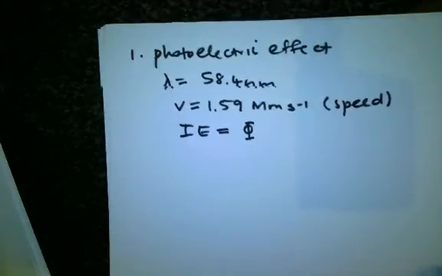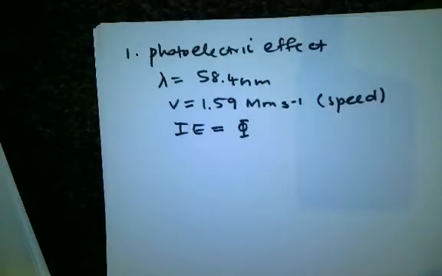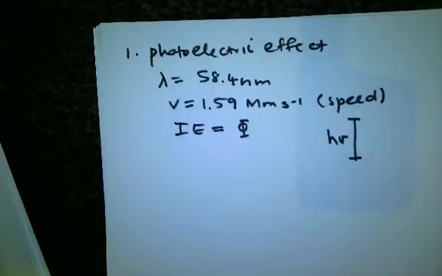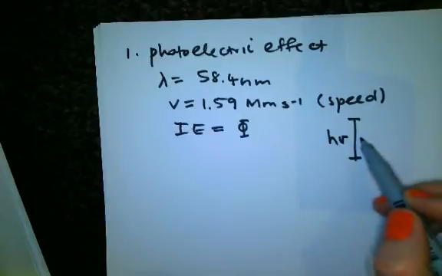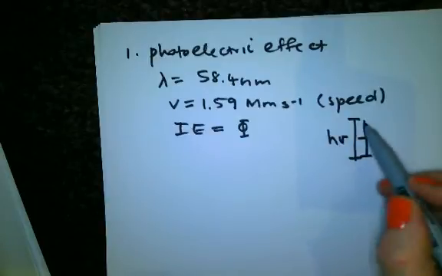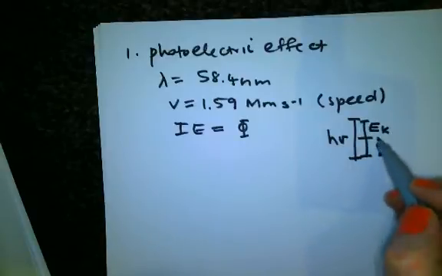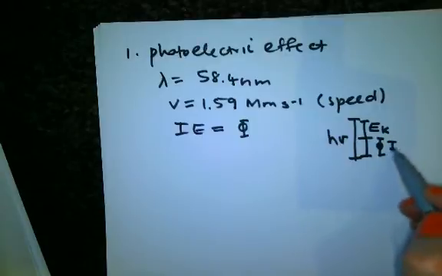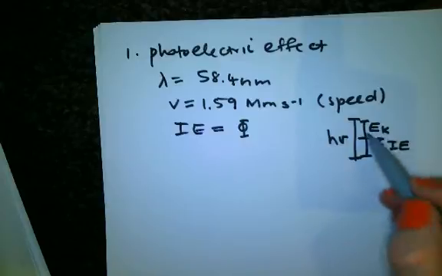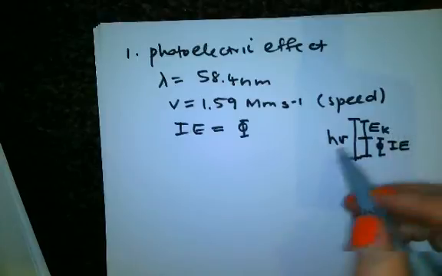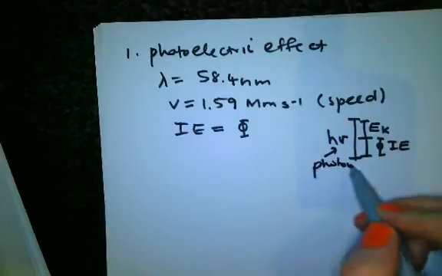And remember we said if the photon has energy h nu and an electron is ejected, part of that is used for the work function, which in this case is ionization energy, to eject the electron, and the remaining energy is transferred to the electron as kinetic energy. So this is for the photon and that is for the electron. So don't mix up the two particles.